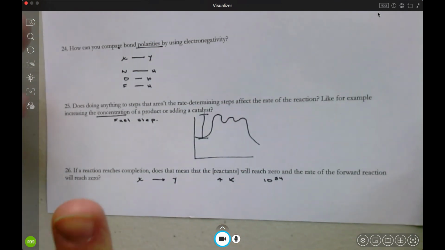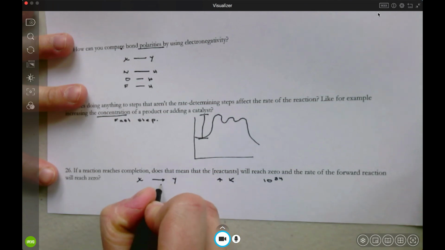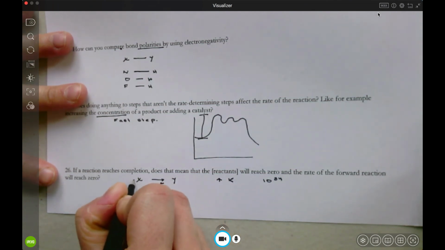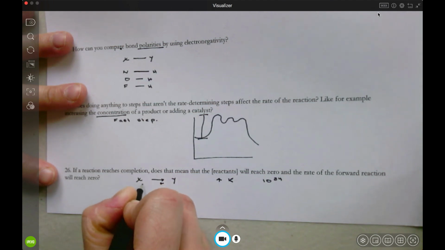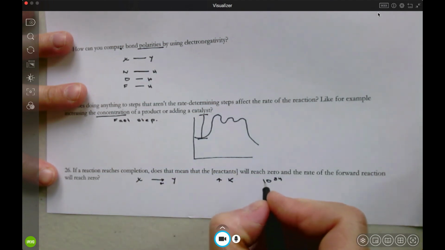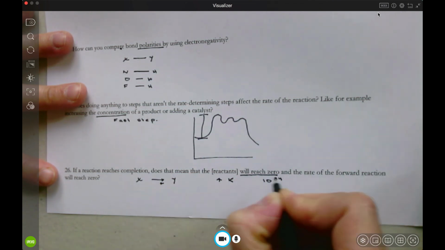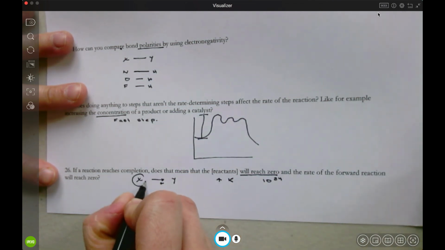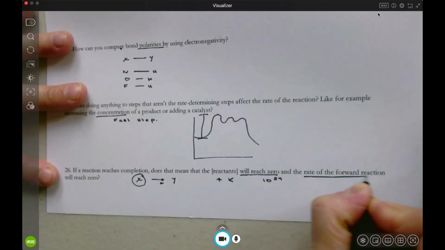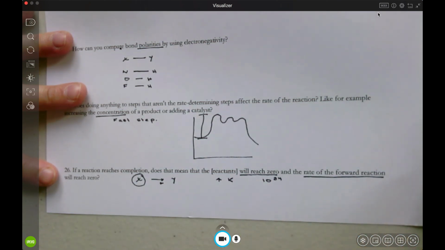But regardless of how high your K is, you will have a small reverse reaction, which will always be producing just a tiny bit of X. So your reactants will never reach 0. You're always going to have a tiny bit of reactants, and therefore the rate of your forward reaction will never actually reach 0.